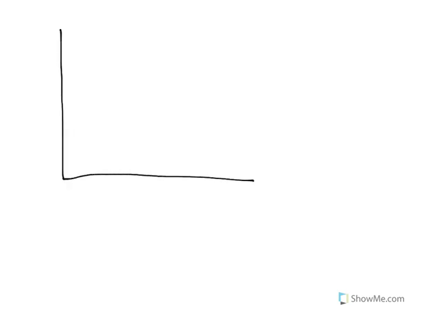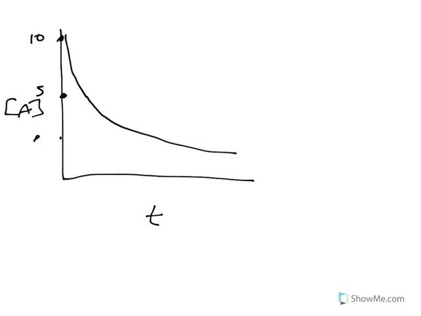plot for a first-order equation, and if I put the concentration of A here and the time T, then I have an initial concentration of 10, and then a concentration of 5, and then 2.5, and then 1.25.